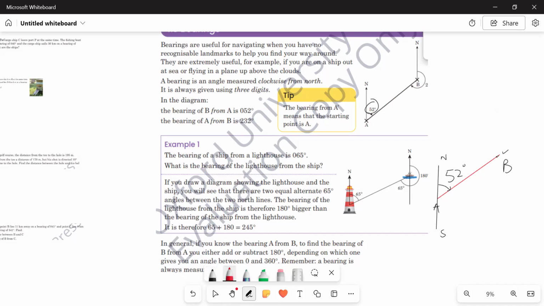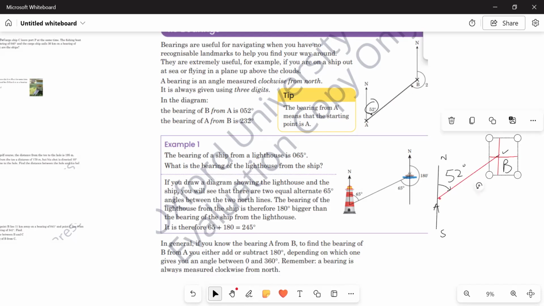Now we are finding the bearing of A from B, meaning this A from this B point. So from point B, we will also make a reference line, that is a north and south line. From this point, we will start from north to this line. If this angle is 52, then this angle is also 52.